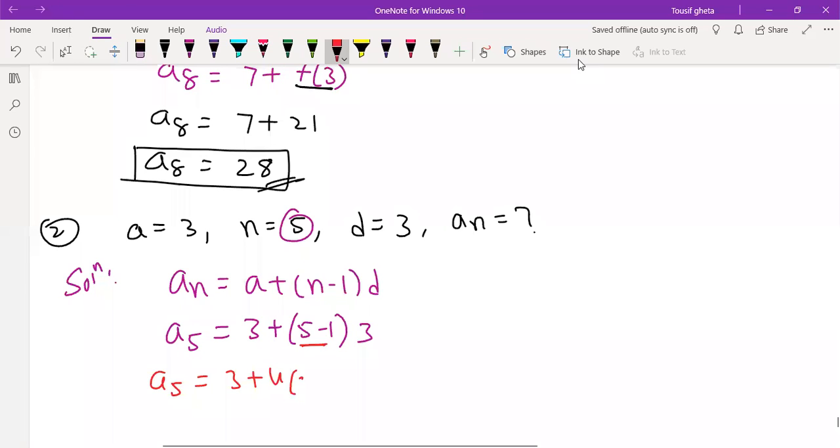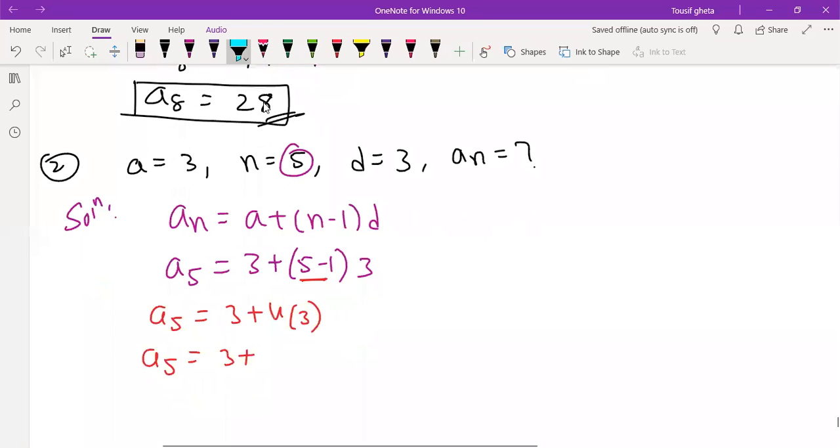So a5 is equal to 3 plus 4 3s are, 4 3s are 12. Right, 15. If both are minus, add it. Okay, right.